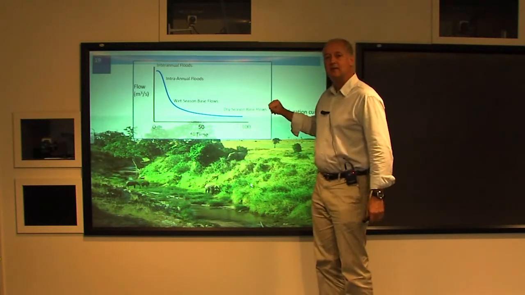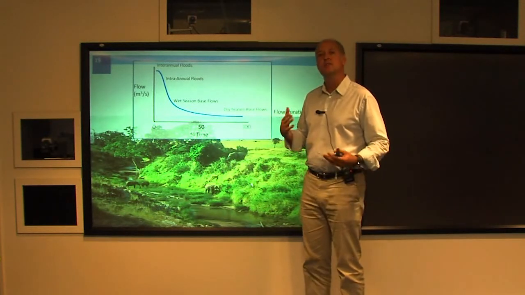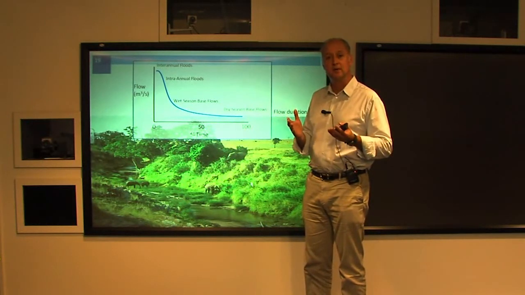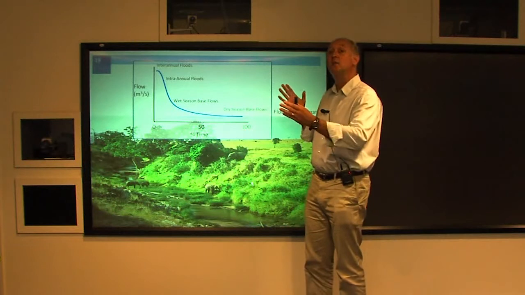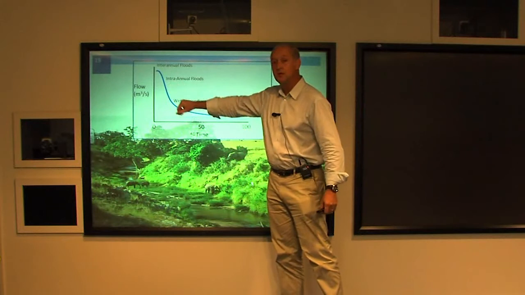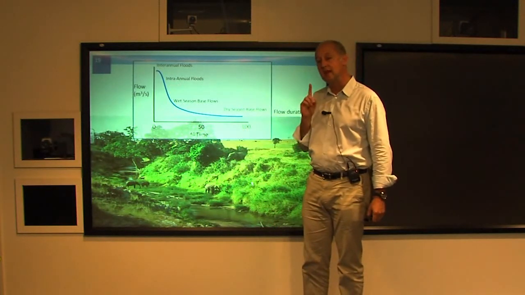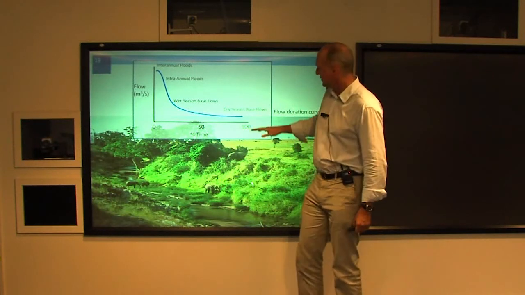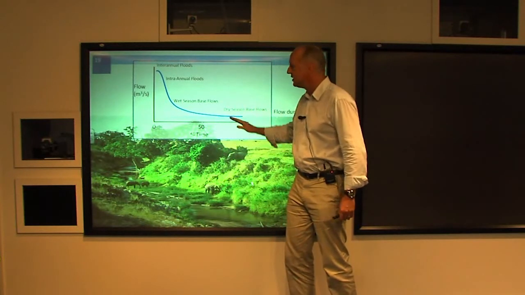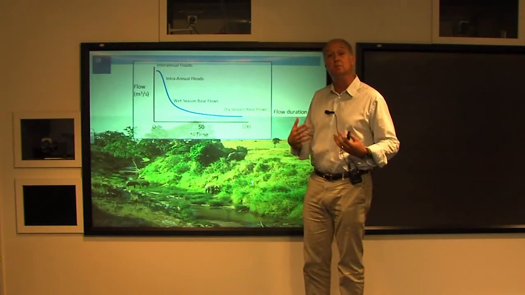At the top here is a graphic that is a flow duration curve. And this is a simple representation of the distribution of different flow levels in a river over whatever record of data you have. Now, on the y-axis, we have flow in cubic meters per second. On the x-axis, we have the percent of time that that flow level is exceeded. So the way that works is that as we come to the far right, to the lowest flow levels, those are the levels that are, of course, exceeded most of the time.